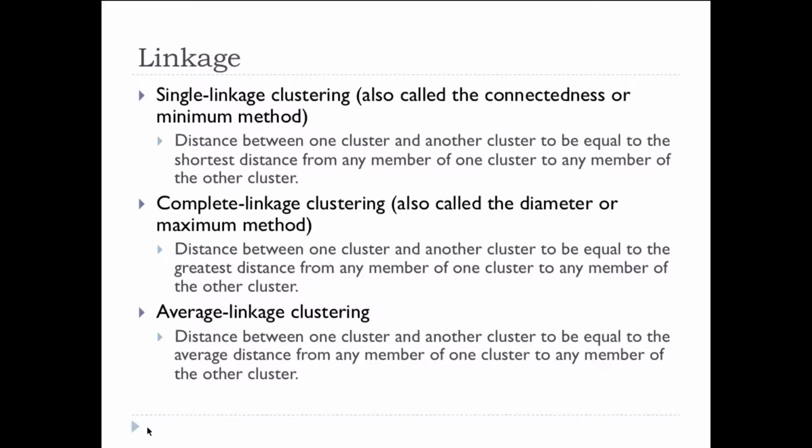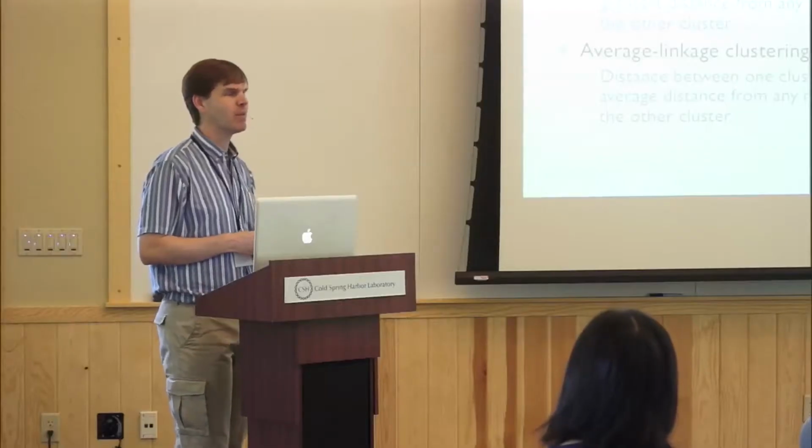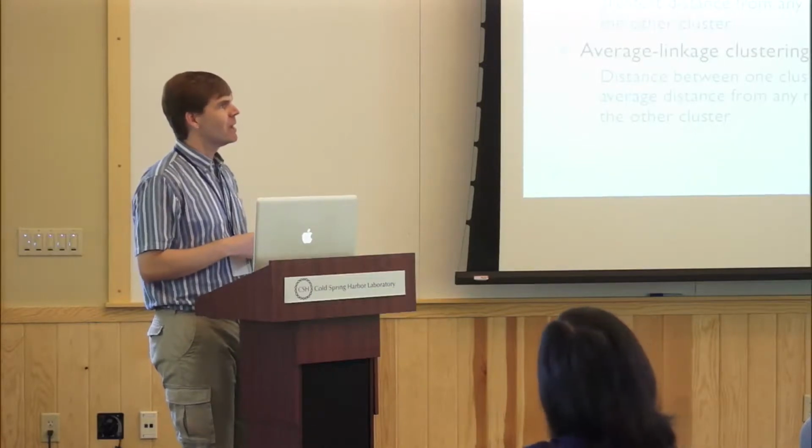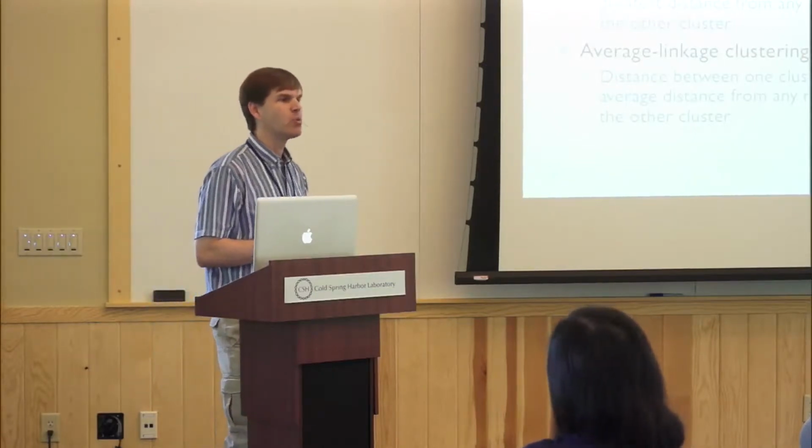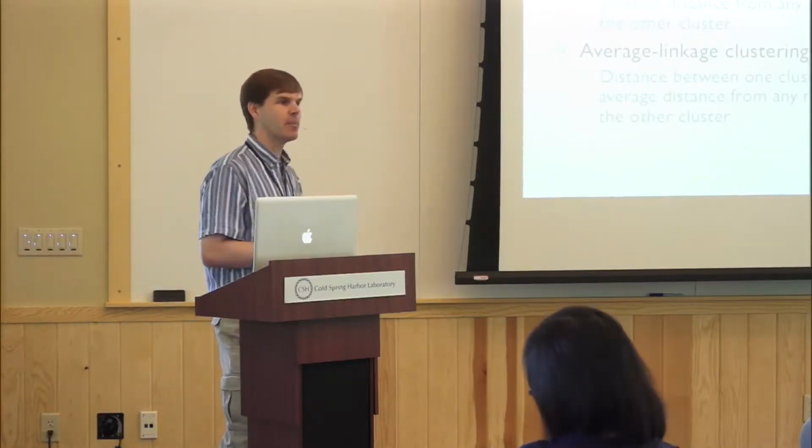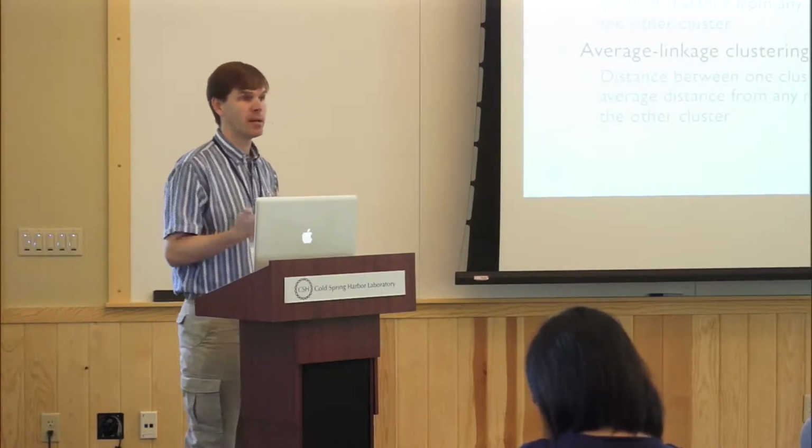Average linkage, this is exactly what you're proposing, which is to take the average distance between all the points in one cluster and points in another cluster. I'll come back and we'll look at examples of how these things differ. I won't say why you might want to use one over the other, but you can see the results of using one compared to the other.